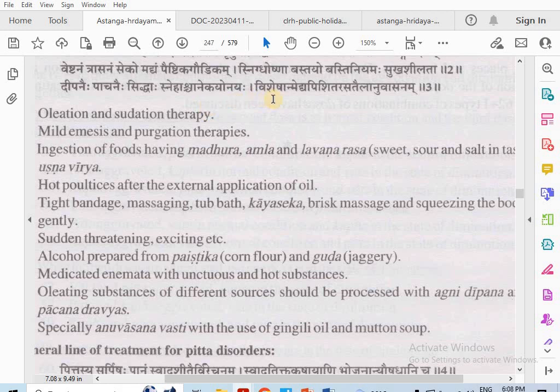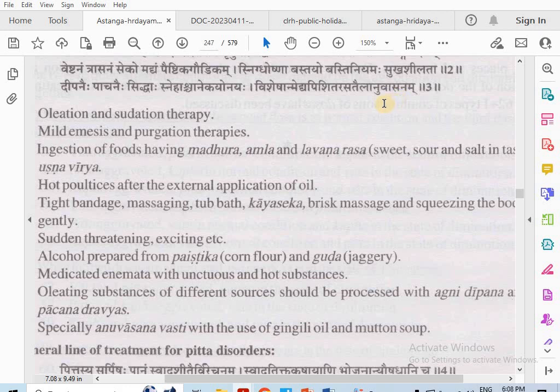Alright, now the next part of the third shloka we have Visheshat Medya. First of all, you need to disjoin this one: Visheshat plus Medya. Then Pishita Rasa Taila Anuvasanam.